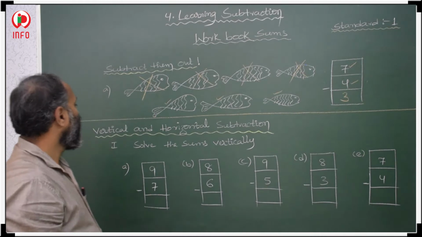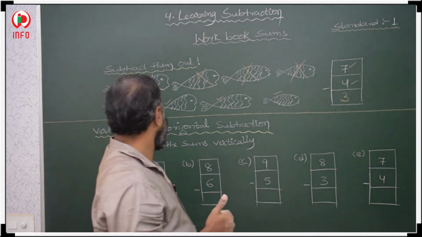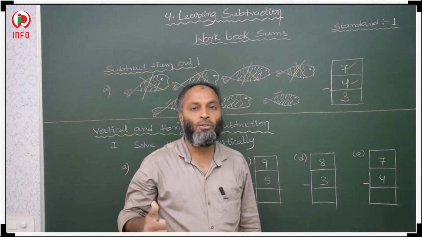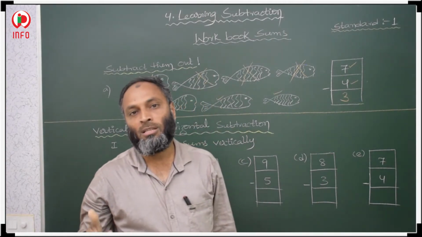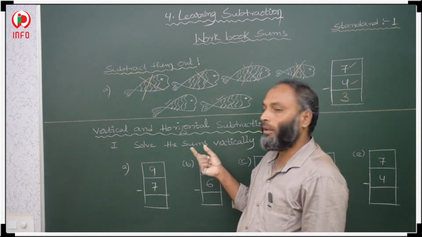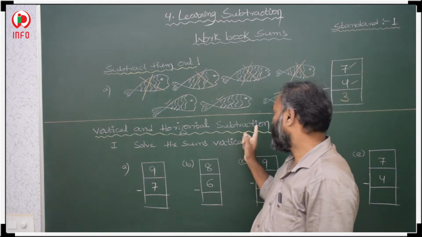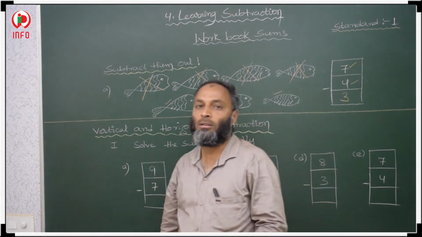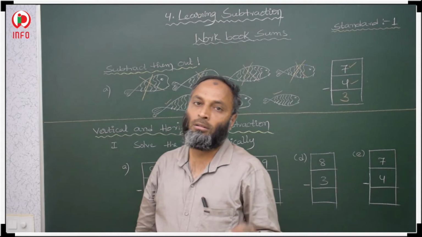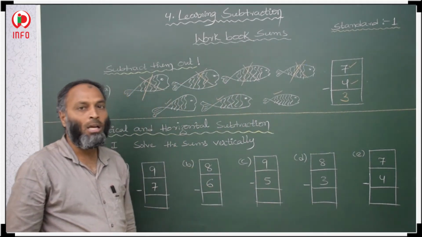Next, the vertical and horizontal subtraction. We discuss how to do vertical subtraction and how to do horizontal subtraction. We explained some questions given in your workbook based on vertical subtraction and horizontal subtraction.